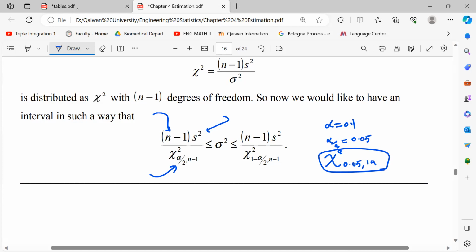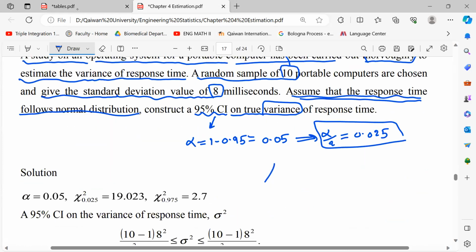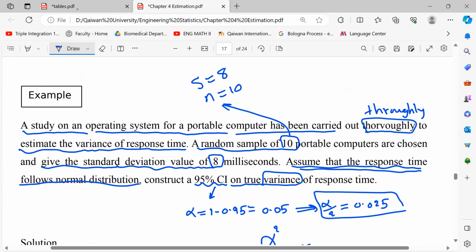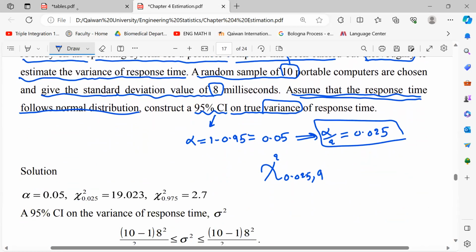Now, we need to find chi-squared for alpha over 2 and n minus 1. We need to find chi-squared of alpha over 2, which is 0.025, and n minus 1. What's n? n is 10. 10 minus 1 is 9. We need to find this one.